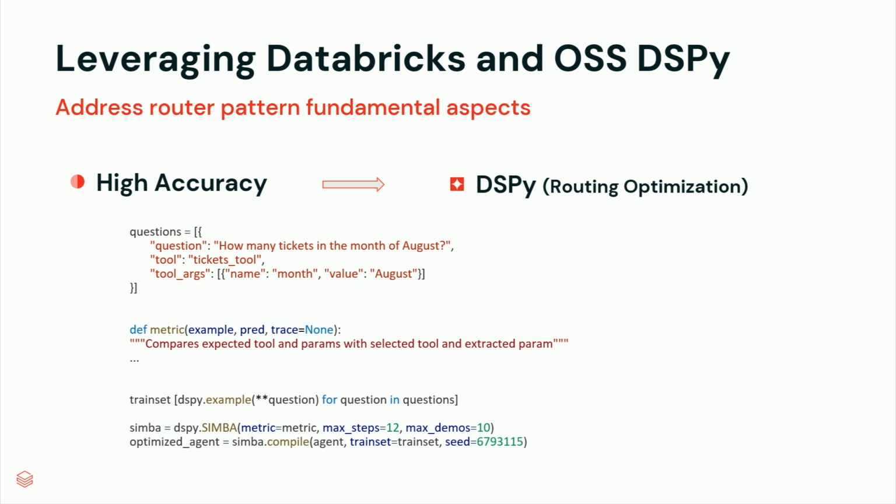Then you call compile, and that will do the optimization. And this is a step that you do ahead of time. This is a step that you do before you deploy the model. This is not a step that you do at runtime. The compiler will run for some time and then give you an optimized agent. And that optimized agent, that optimized model, is the one that you will then register and deploy.